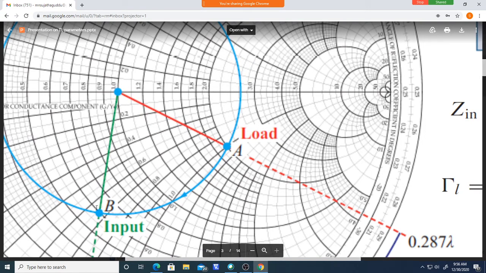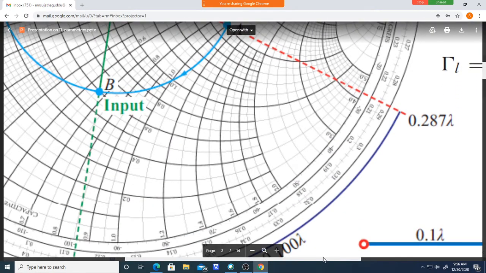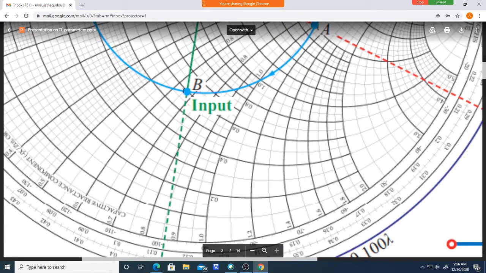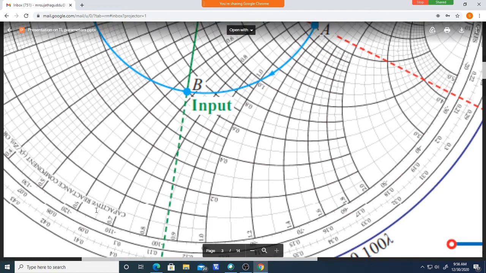This point, how to read? The resistance circle value is 0.6 here. And the reactance circle value, see, where the resistance is 0.6, the reactance value is here. That is 0.7 here, 0.6 is here. So this value is 0.6, okay, 0.65.